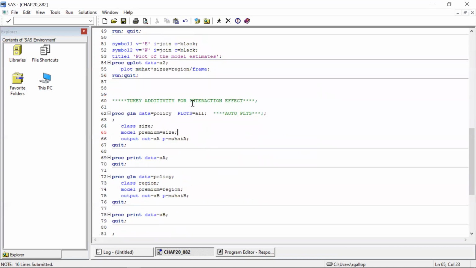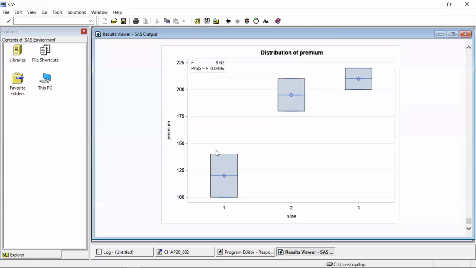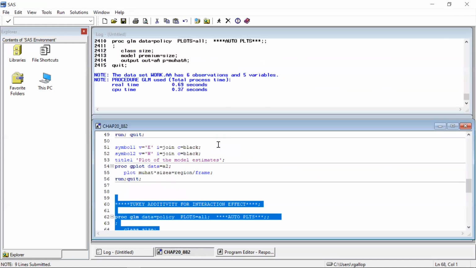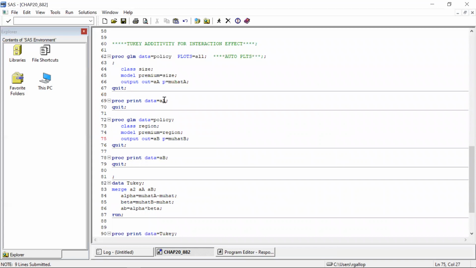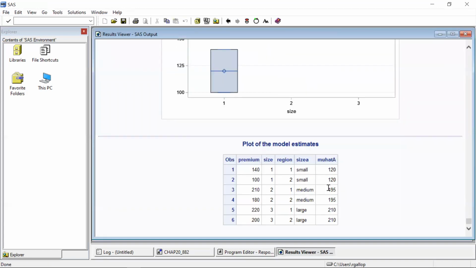The first step is to get the means for each level of factor A, which is size, which we're doing on line 66. The same is to do the same thing for factor B, right? So again, these are our cell means for small, medium, large.